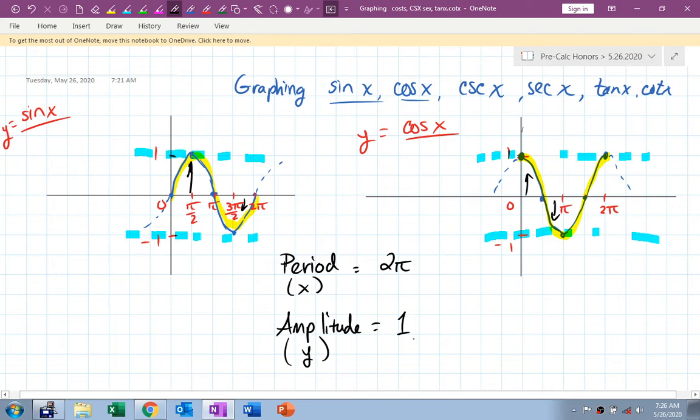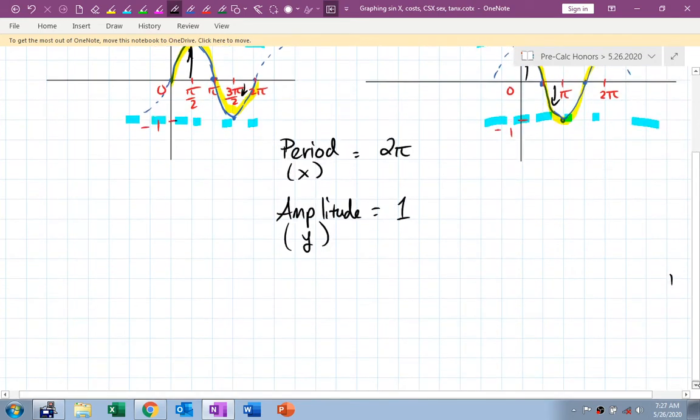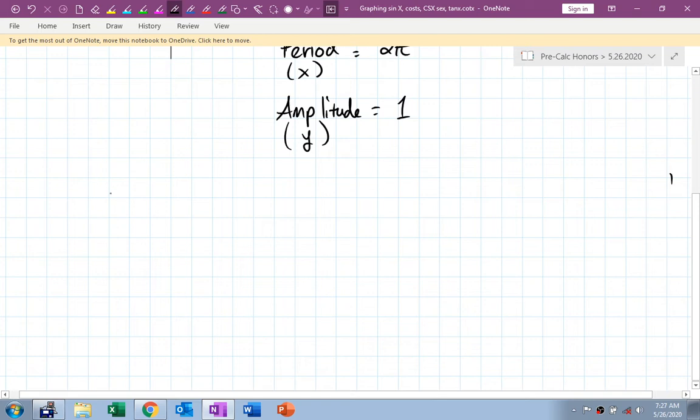So there's a formula that I'm going to write down for you. If you have a sheet to the side to keep track of all these, it's definitely something you're going to want to write down. You have y equals a sine of bx plus c. This goes exactly the same for cosine.